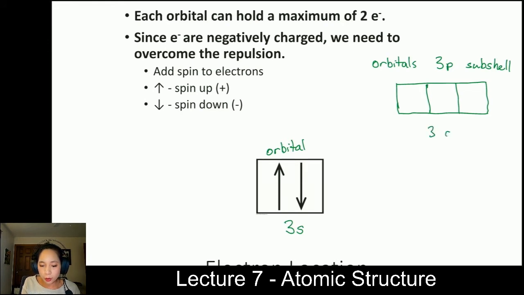So these are 3 3p orbitals. How I would draw these electrons: if I had 3 electrons, I would spin them all up, each in its own orbital first, because they're separated, so they won't feel as much repulsion. And then as I put in my 4th electron, I would spin it down, the next one down, and the next one down until the whole 3p subshell is filled.